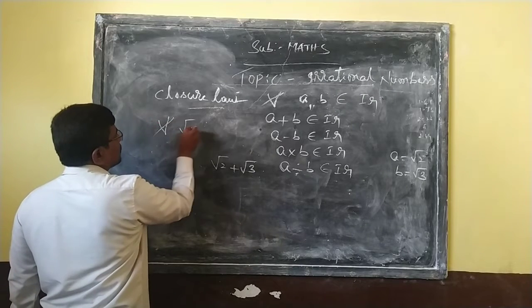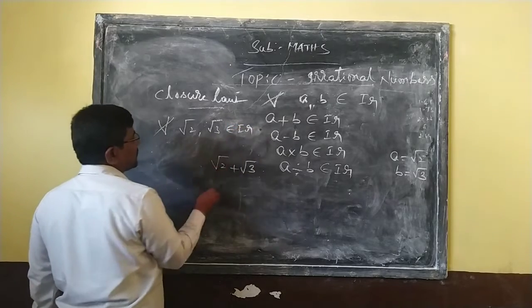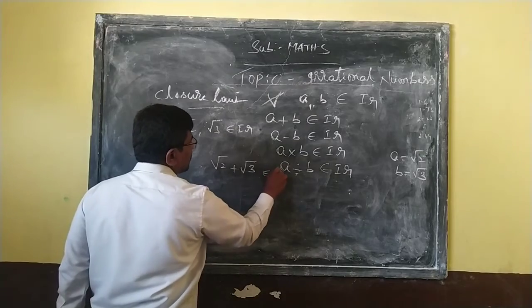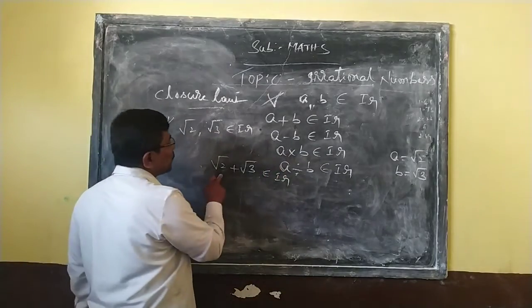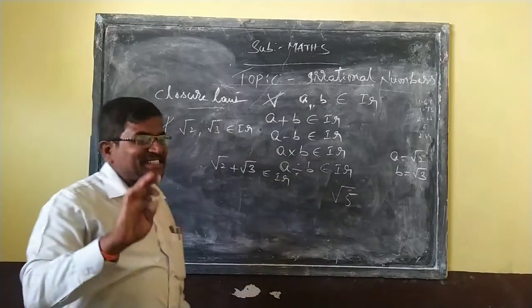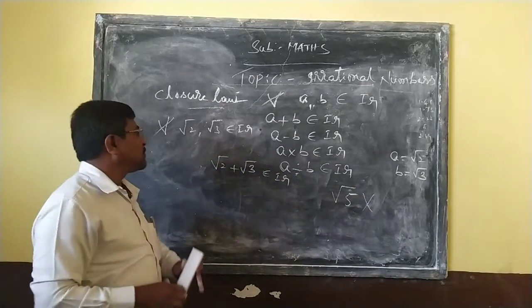For all root 2, root 3 belongs to IR. See, a plus b, that is root 2 plus root 3, belongs to IR. Some students will write root 2 plus root 3 equal to root 5. So this is wrong. This is completely wrong. It is not possible to add like that.